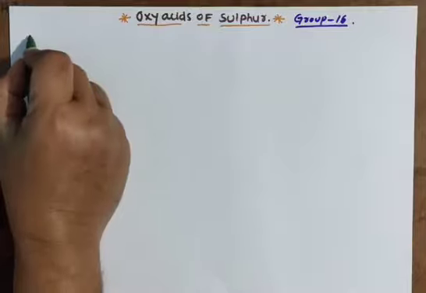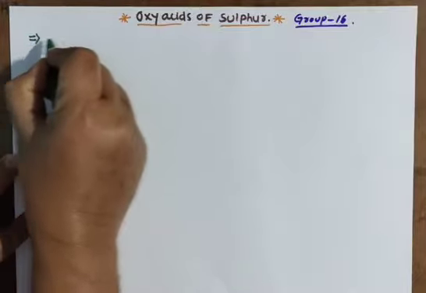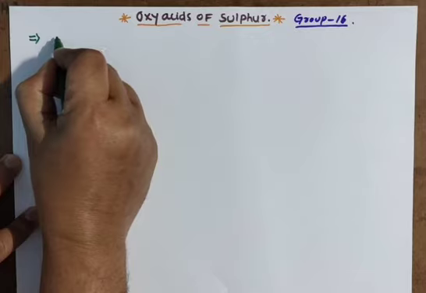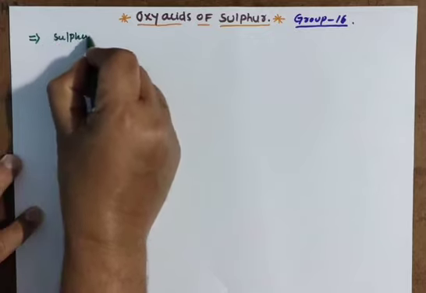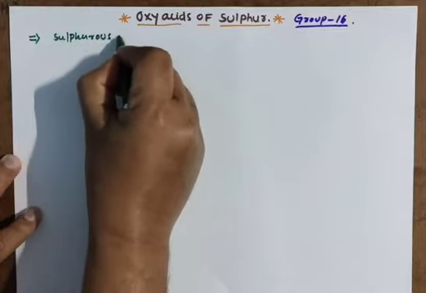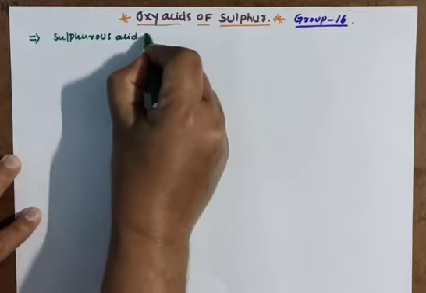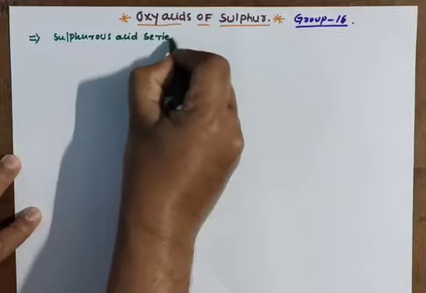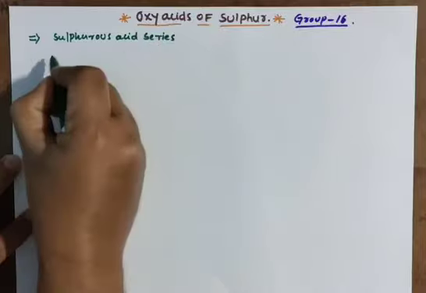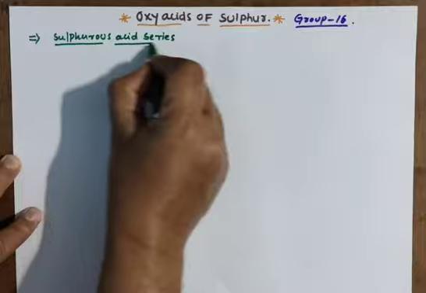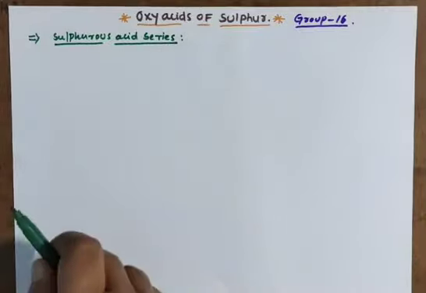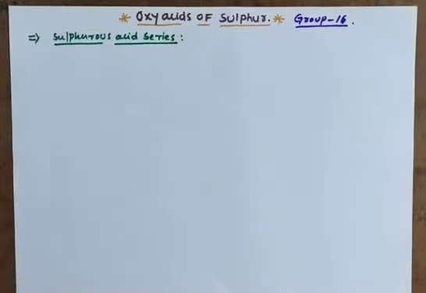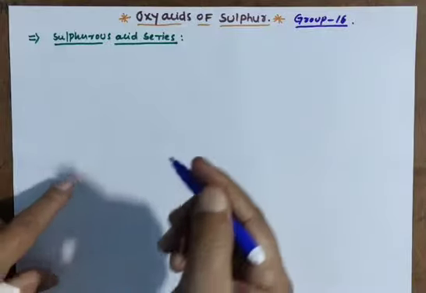Here we have two types: one is the sulfurous acid series and the other is the sulfuric acid series. If you know these two formulae, then it is easy to draw any structure, basicity, whatever it may be.